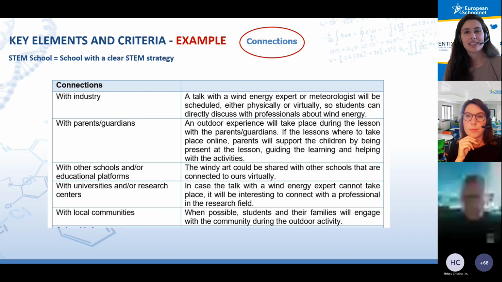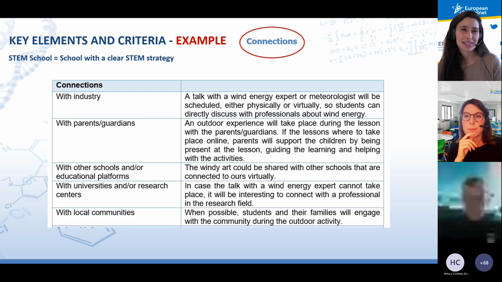Like I mentioned before, this is basically to encourage you to reflect on each element every week throughout the course and see how you can integrate more STEM in your classroom, but also in your school. Because in the end, you are the best ambassadors for your school to integrate STEM.